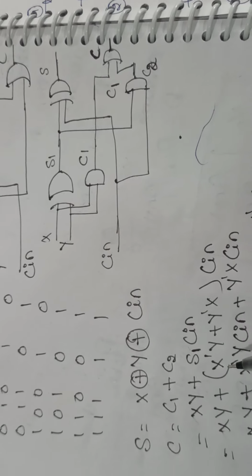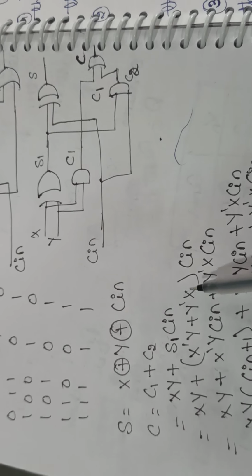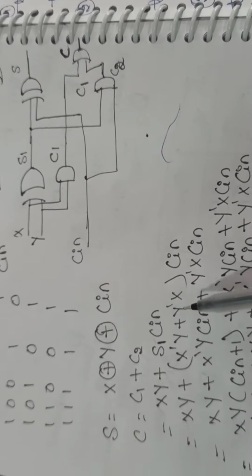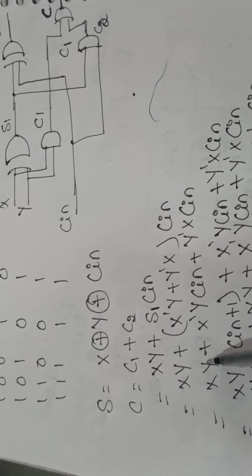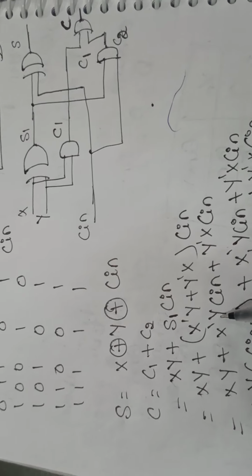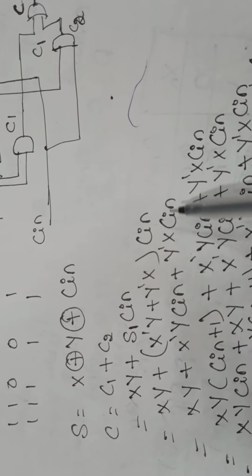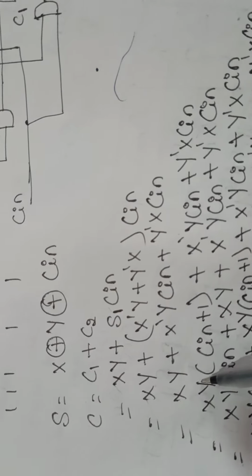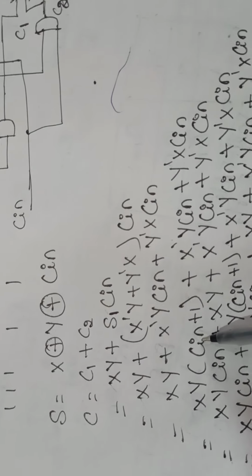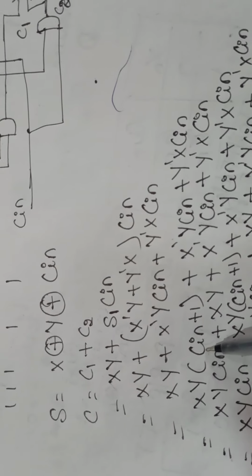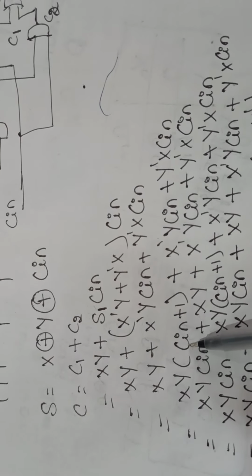What is x XOR y? It is x dash y plus y dash x. Now make this equation a little clear. C is xy plus x dash y c in plus y dash x c in. Then xy I can multiply with one term which doesn't matter at all. The term is c in plus 1. What is c in plus 1? It is 1.